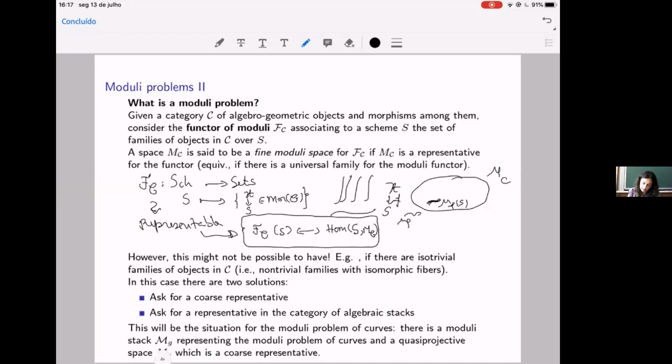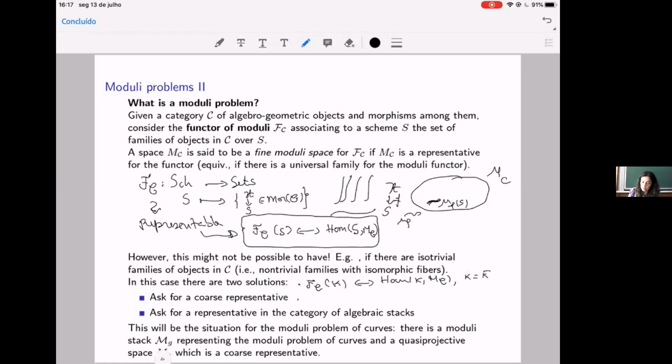It means that instead of having this bijection between F_C of S and the homomorphisms, we could ask for F_C of K to be in correspondence with the homomorphisms from K to M_C, where K would be just an algebraically closed field.